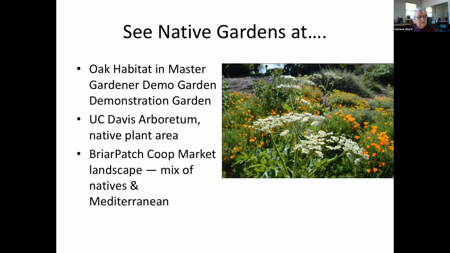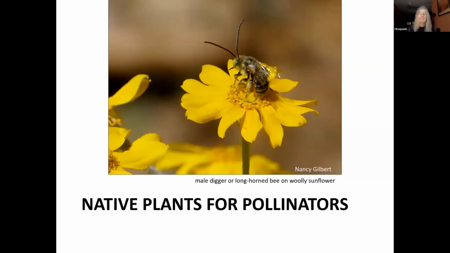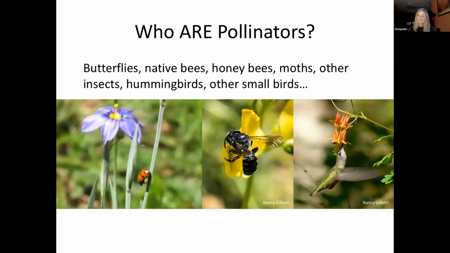And Chrissy will now talk a little about supporting our local pollinators. Gardening to support our native pollinators has become increasingly popular, as I'm sure most of you are aware. So we're going to look at why this matters and why it's so important to use native plants to support pollinators. So let's start by talking about what are pollinators? What animals are pollinators?